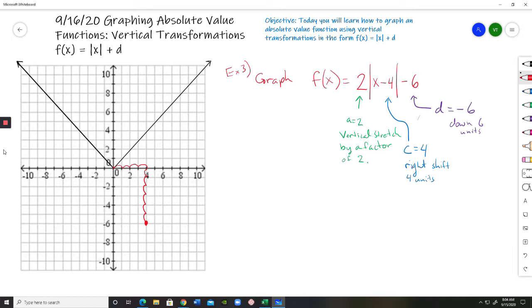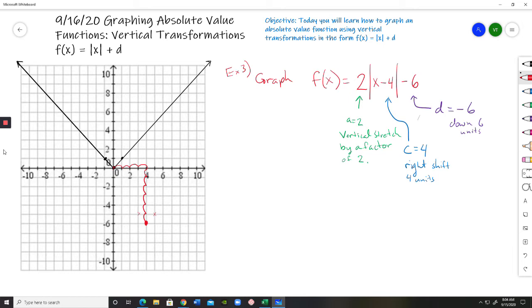And now we have to apply the vertical stretch by a factor of 2. Now remember, the basic shape of the parent function has your vertex, and then it has a point on either side, simply over 1 and up 1. However, because we are stretching by a factor of 2, we're not going to go over 1 and up 1.